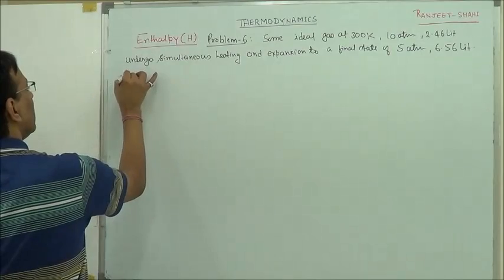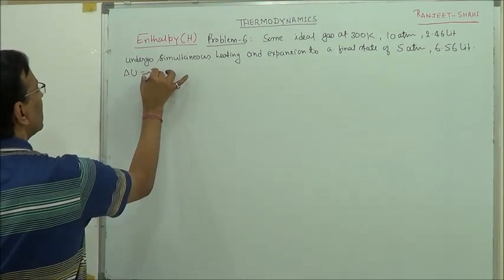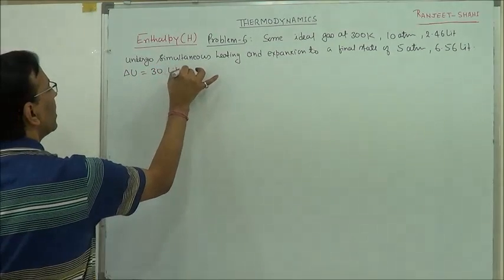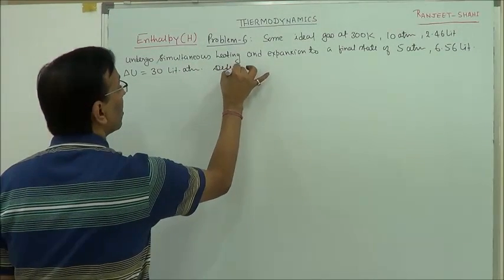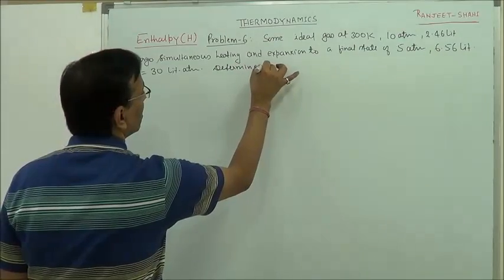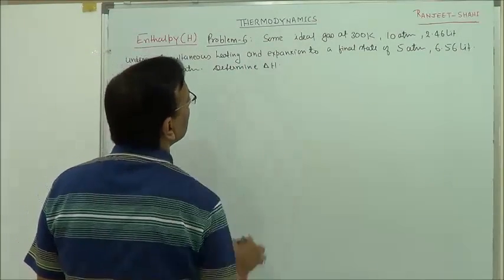Also given delta U, change in internal energy, 30 liter atmosphere. Determine delta H.